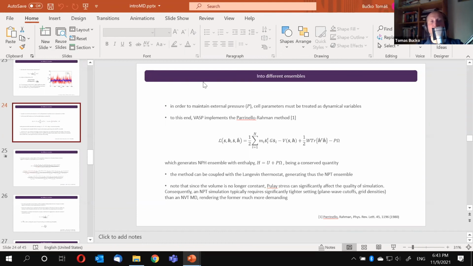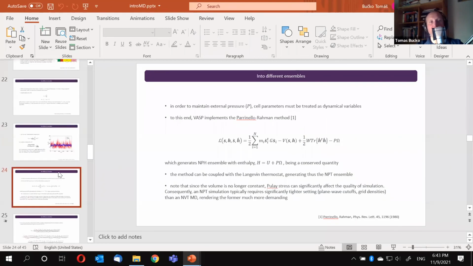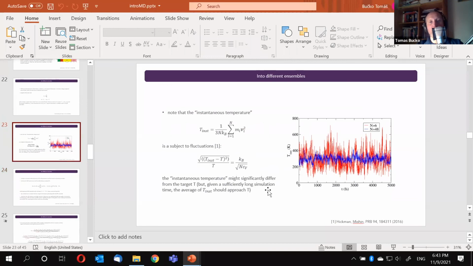And otherwise, what you should look at is basically your quantity of interest, and look at what the wavelength of oscillations of your quantity of interest is.